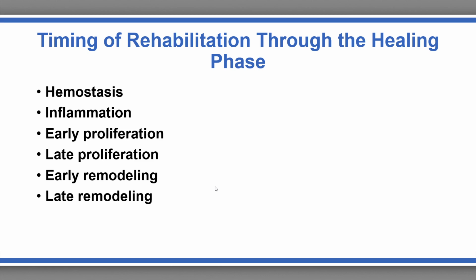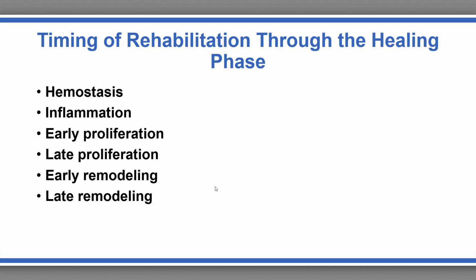So what you can see here are the number of phases as we move through the healing process. There are 4 major stages: hemostasis, inflammation, proliferation, and remodeling, as we have spoken about in the preceding lecture episodes. We will go through tables that identify various aspects of rehabilitation and align it well with the healing phases that I've just mentioned.